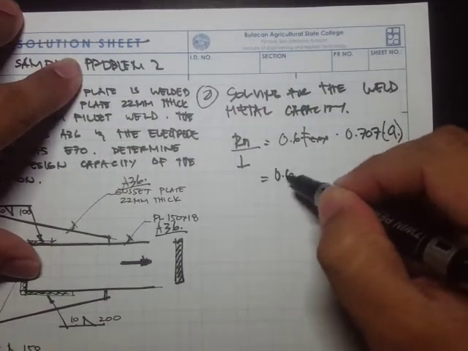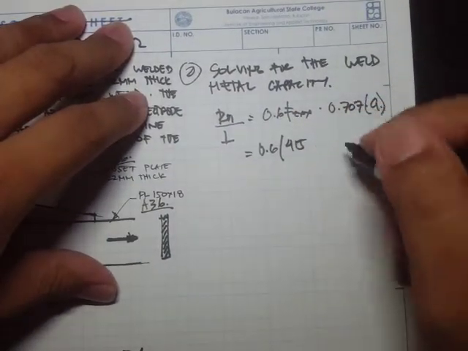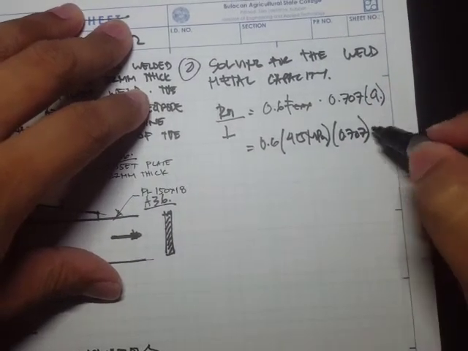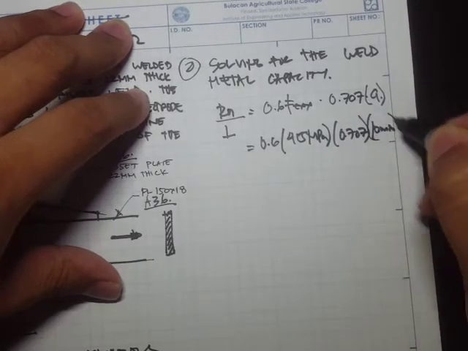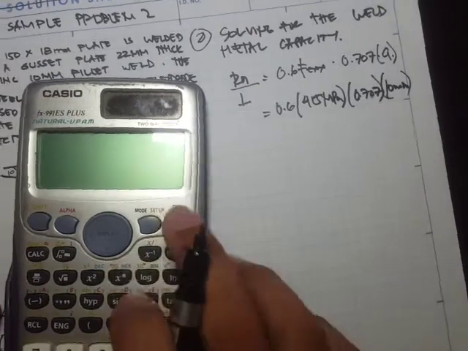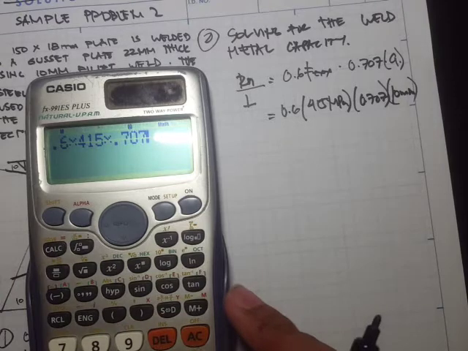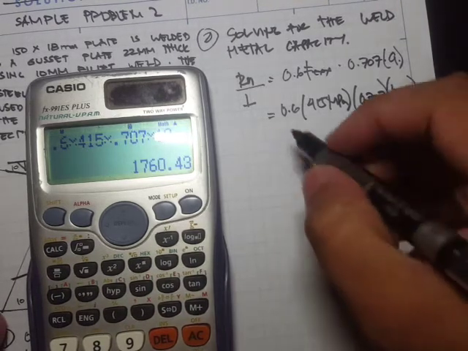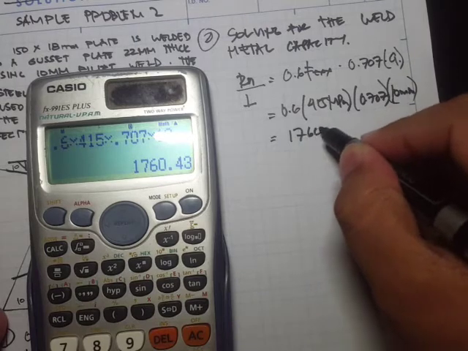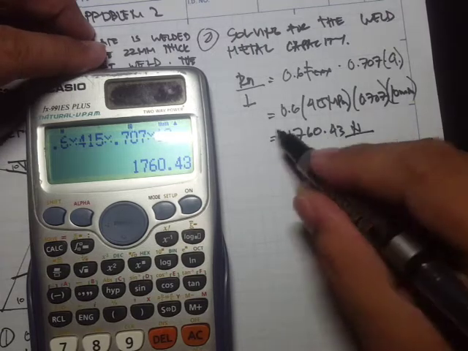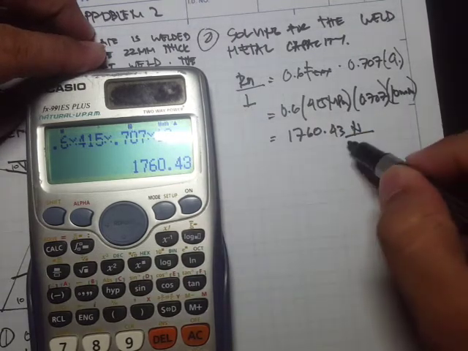So 0.6 times our FEXX, that's 415 megapascals, times 0.707 times the weld size of 10. We can now solve this: 0.6 times 415 times 0.707 times 10, and that's 1760.43. Take note, this is Newton per mm, since this is N per mm.